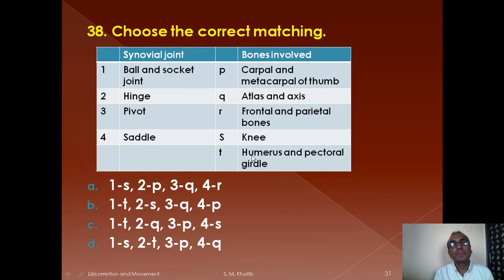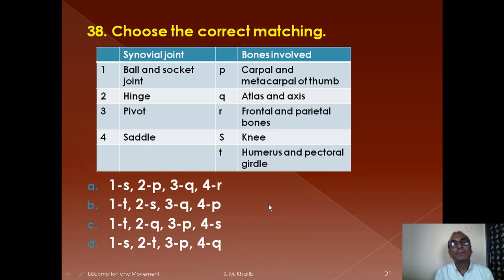Let's look at the other possible correct links. Hinge joint, where you find? Yes, hinge joint. One example here is the knee joint, where only 180-degree bending or movements are allowed. So knee joint is hinge joint. So 2 should be connected to yes. So that means B is the right option.